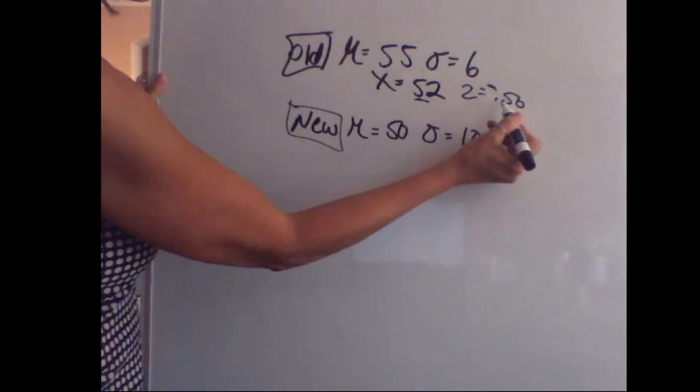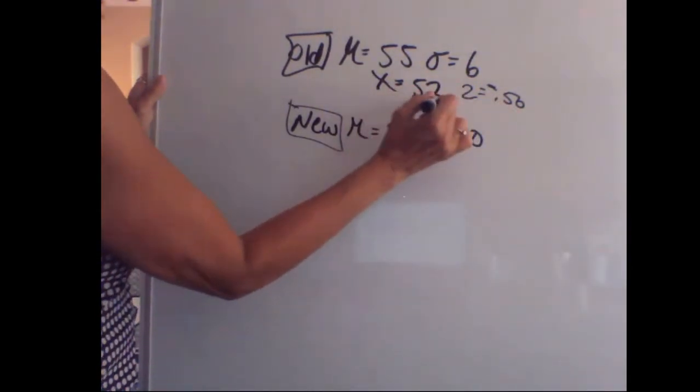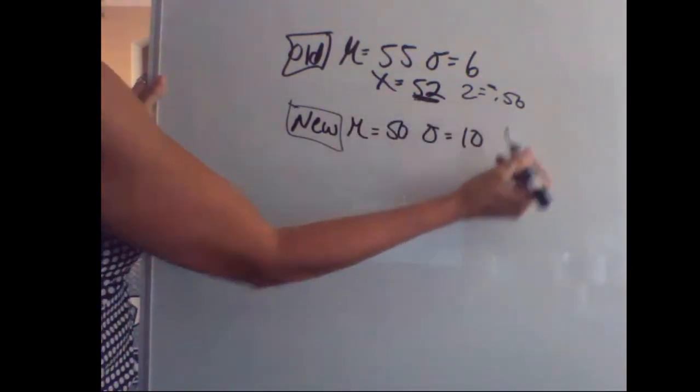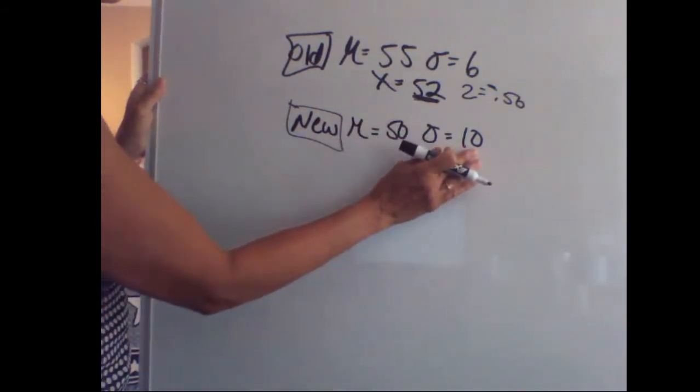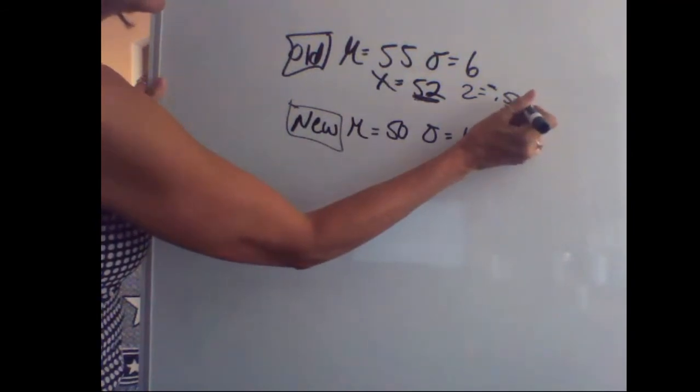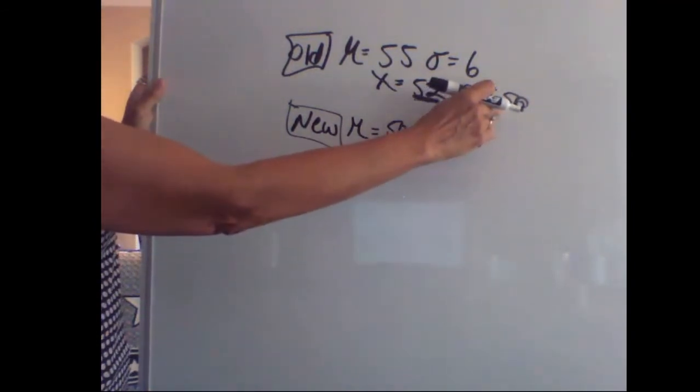Now that we know that the z-score for a score of 52 is negative 0.50, we just ask ourselves, well, if the distribution had a mean of 50 and standard deviation of 10, what would be the score at a negative 0.50?